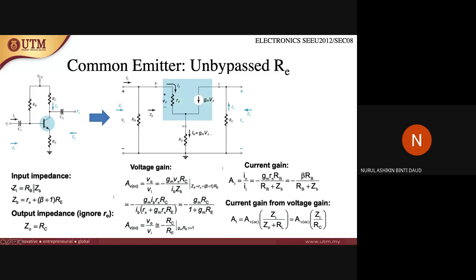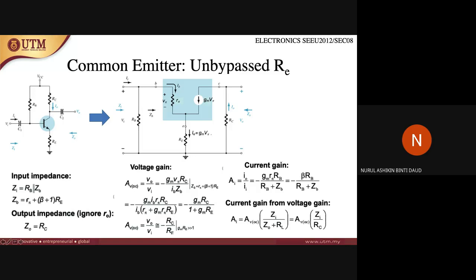First of all, find the input impedance, which is located before RB here. RB is parallel-connected with ZB. Now you have to find the ZB impedance, which takes into account r pi and also RE: r pi plus (beta plus 1) RE. Or you can also just use beta RE, because the difference is very small.